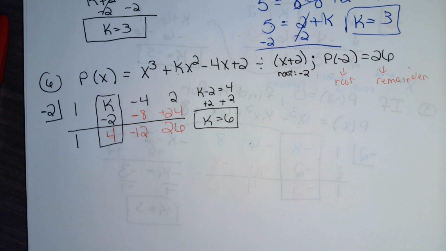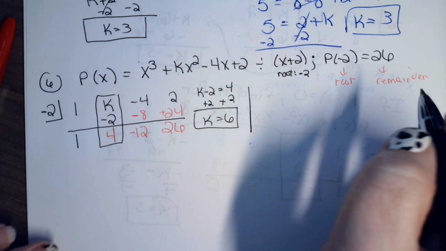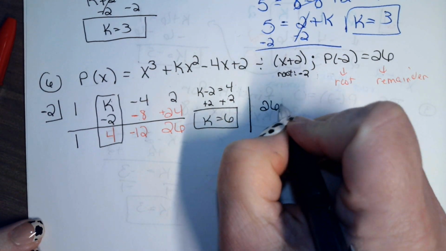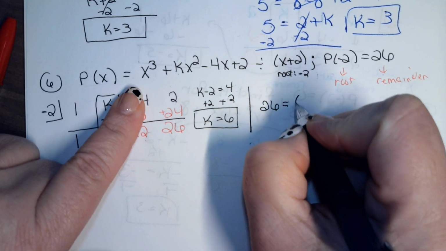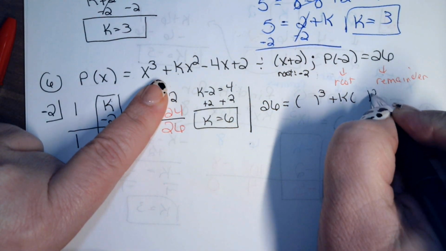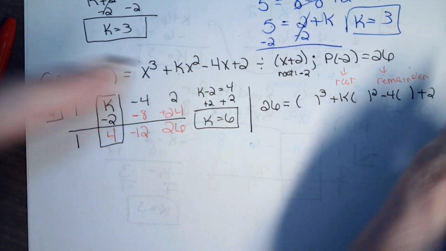Let's see if we can get the same thing if we do remainder theorem. Our remainder is 26, and we set that equal to x cubed plus k times x squared minus 4 times x plus 2.